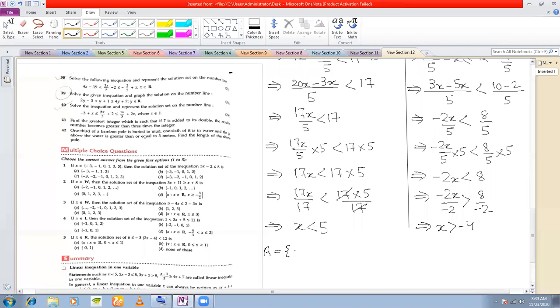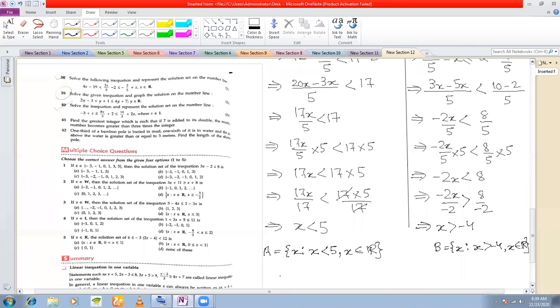The solution set here is, for the first inequality, x such that x is less than 5 and x is a real number. And for this inequality, the solution set is x such that x greater than minus 4 and x is a real number.